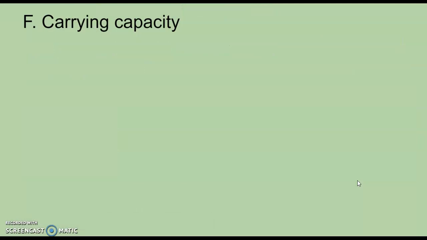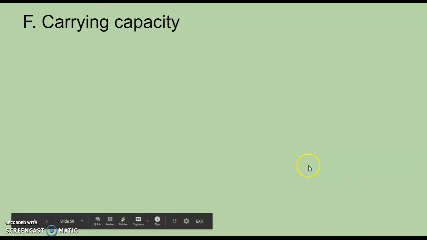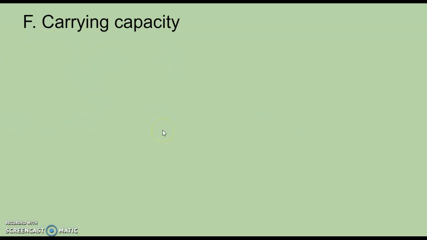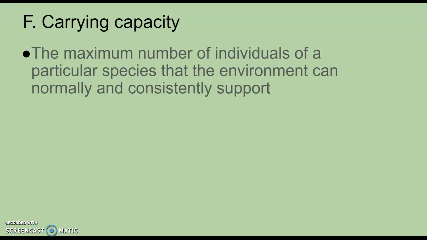So, carrying capacity. A capacity is kind of like a limit, right? And carrying means how much space, how many resources are available that can support this population. So this is the maximum number of individuals of a particular species that the environment can normally and consistently support.